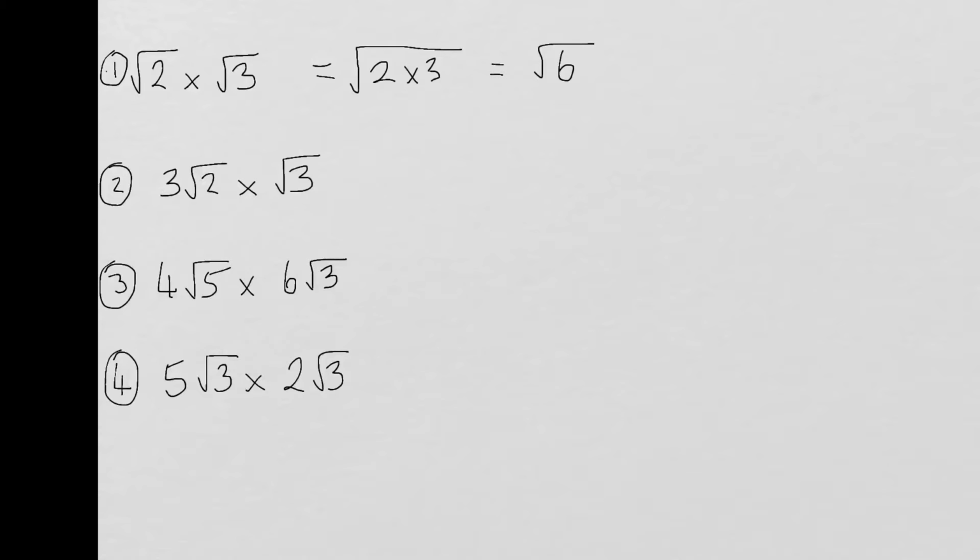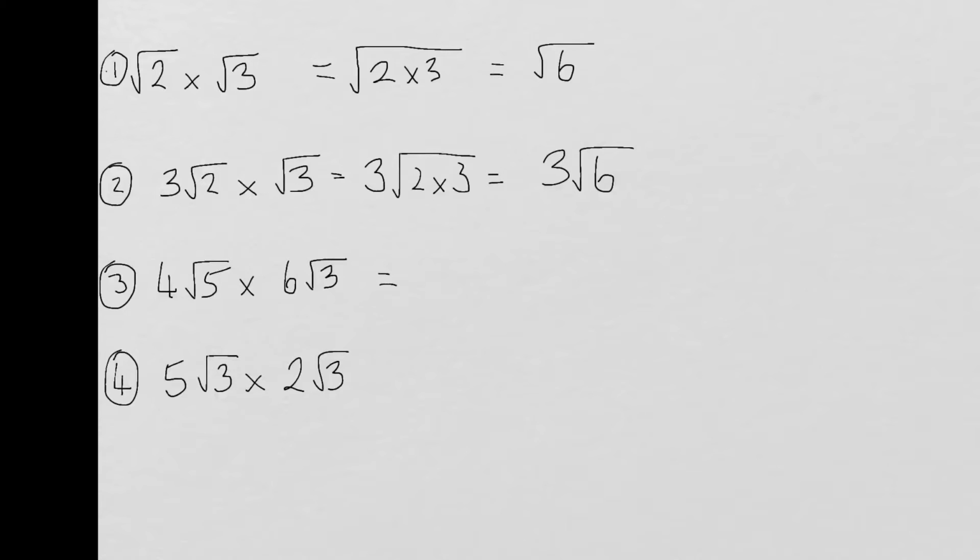With the next question, I've got a 3 in front of that square root, but we just leave that on the outside and we can still multiply the 2 by 3 inside, so we will get 3 lots of root 6.